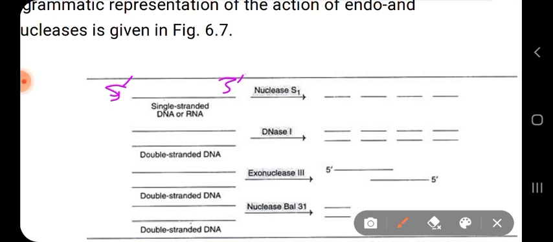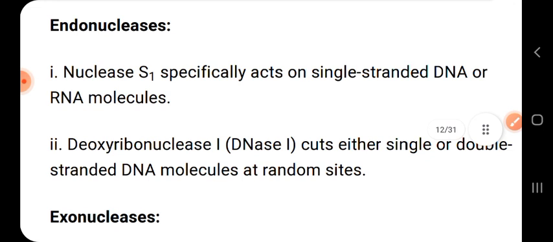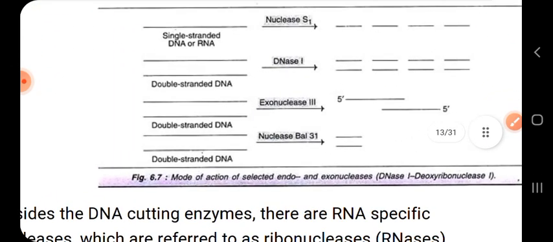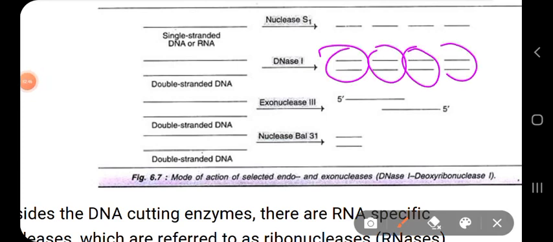Second is DNase 1. What does DNase 1 do? It has been said that DNase 1 cuts either single or double stranded DNA molecules randomly. Here it has been shown equally cut, but they cut randomly. They may cut here, then they may cut here, then here. Randomly they may cut.